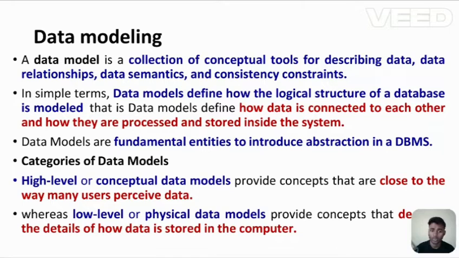The low level provides concepts that describe the details of how data is stored in the computer. Basically, this is the step where data is stored in the system, and how it is stored comes under the low level.